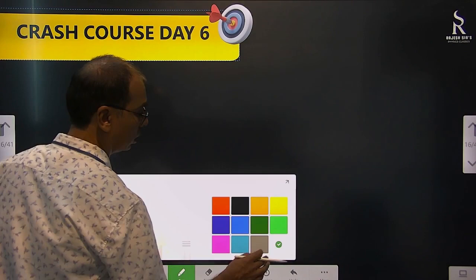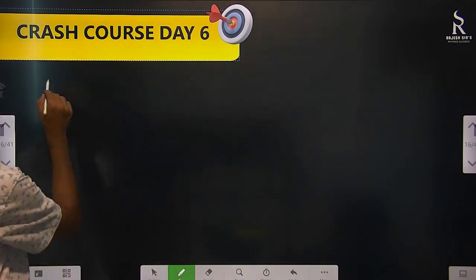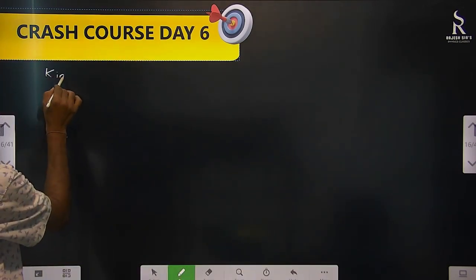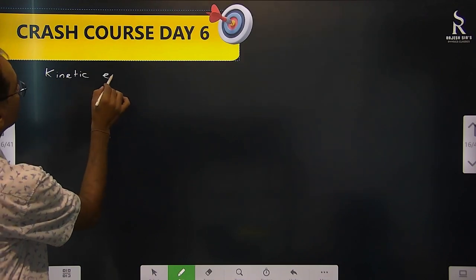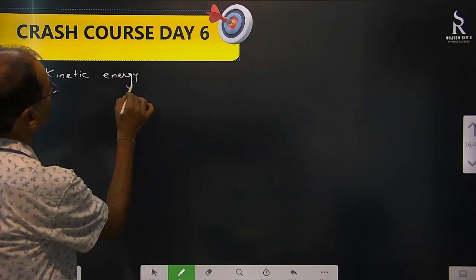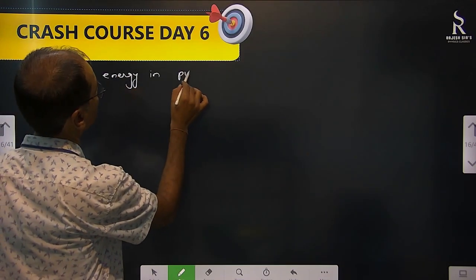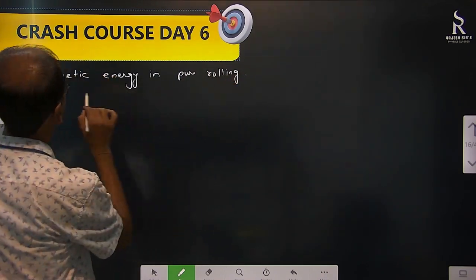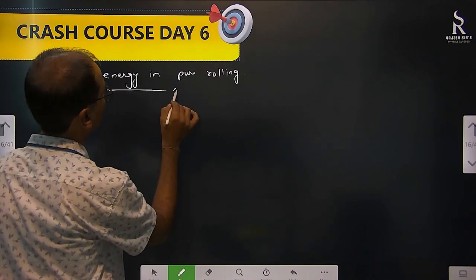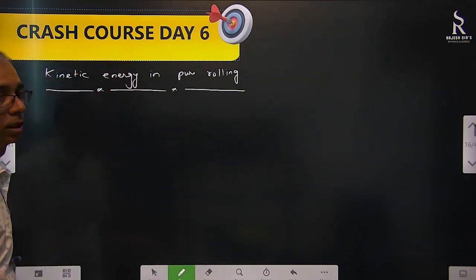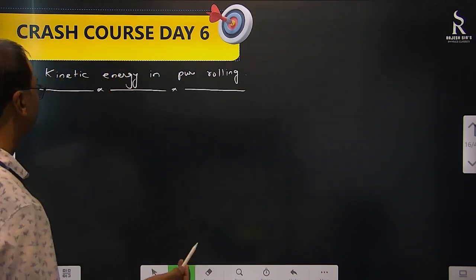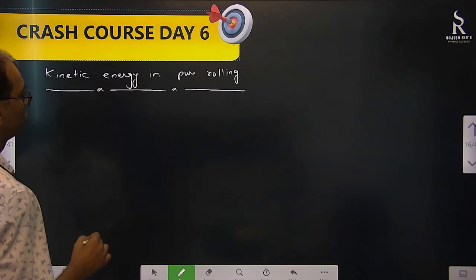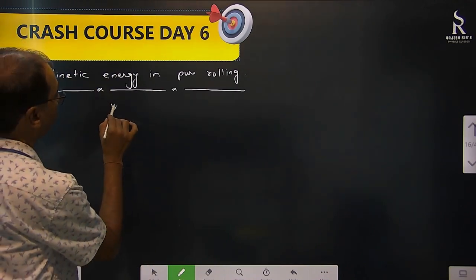Okay, then kinetic energy in pure rolling. Now we know that there is translation also and there is rotation also, and it's pure rolling. Then we know that v is equal to r omega.